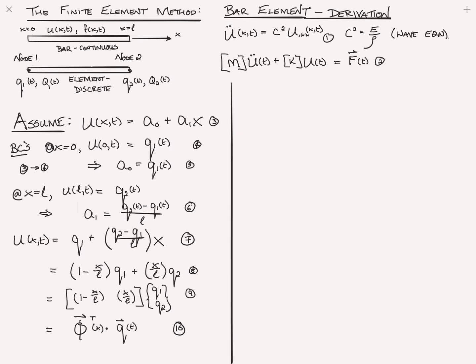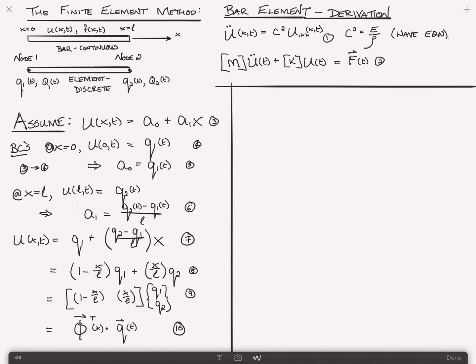Okay, so let me recap what I've done. I took this displacement field, which I calculated as described above. I then rewrote it. Instead of collecting coefficients of x, like I had done here, I instead collected coefficients of q. And then I said, whatever the coefficients of q are, we're going to call shape functions phi.